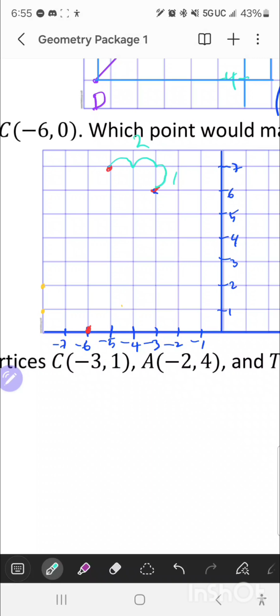This is 2, this is 1. I get this point here, and I get 1 here, so I get negative 8 comma 1. But to make sure: 1, 2, 3, 4, 5, 6. 1, 2, 3, and we get the same.